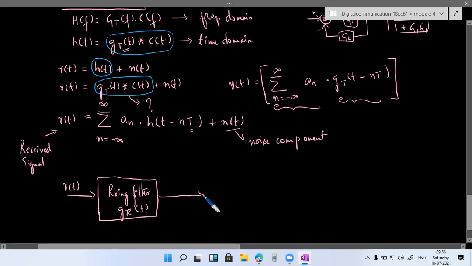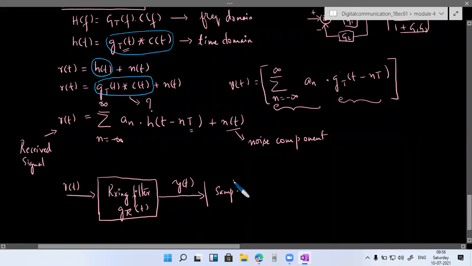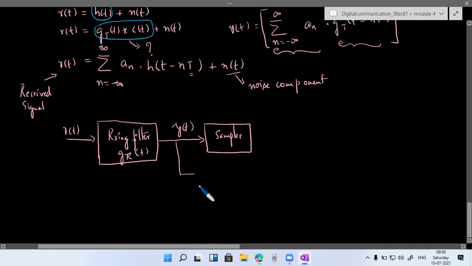The output of this we'll call y of t, where y of t will be made to go through this sampler. In order to get the timing information, we'll make use of the same symbol. We'll be extracting at what time to be sampled from the signal itself. So we'll take one more tap from the same output y of t, where we'll make it go through this symbol timing estimator.